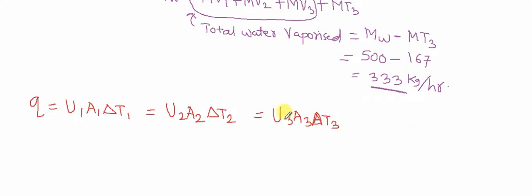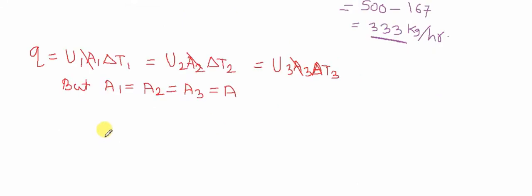U3 A3 delta T3. Okay, now they have mentioned that A1, the area of heat transfer in the first effect, is equal to the area of heat transfer in the second effect, is equal to the area of heat transfer in the third effect, and that is equal to A. As this is constant, you can just remove these values so that you will get one equation.